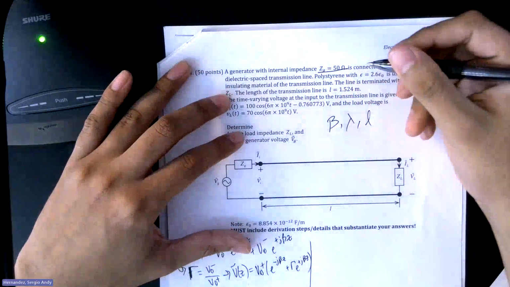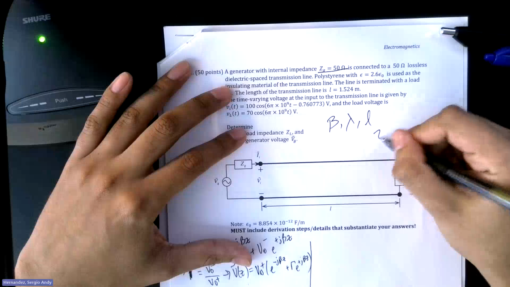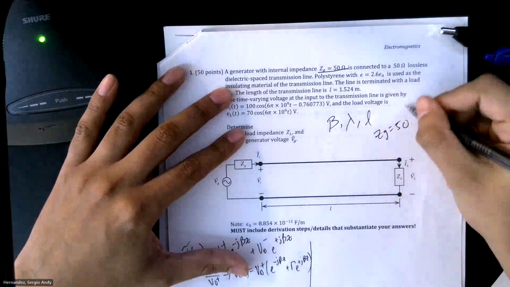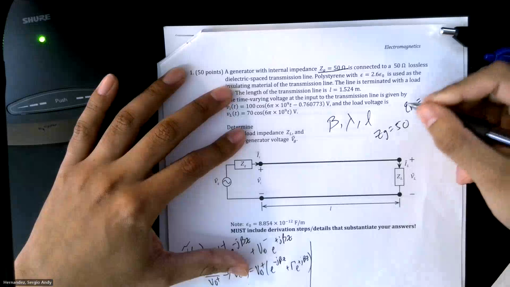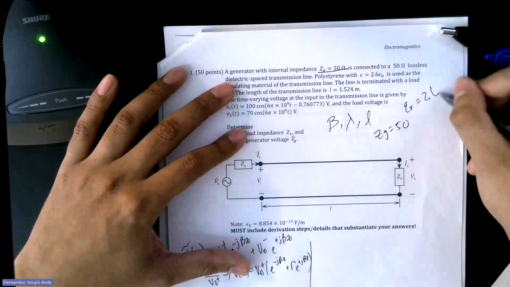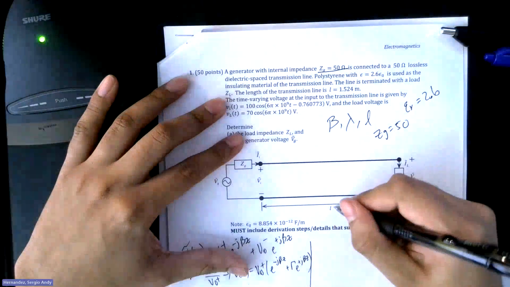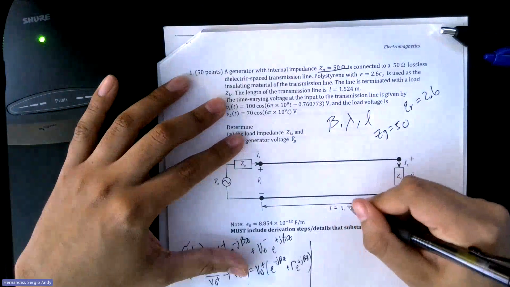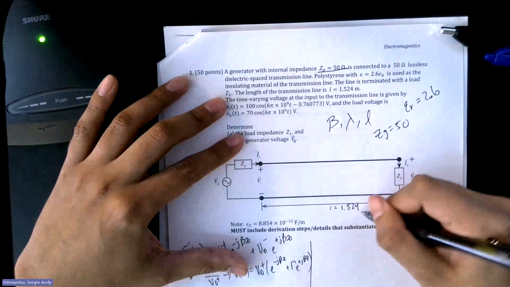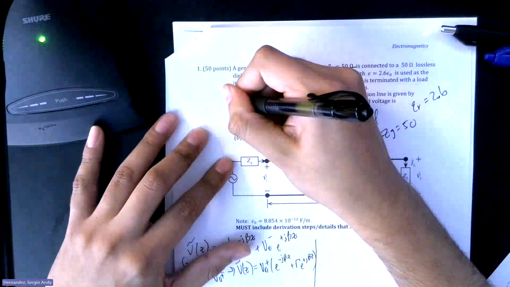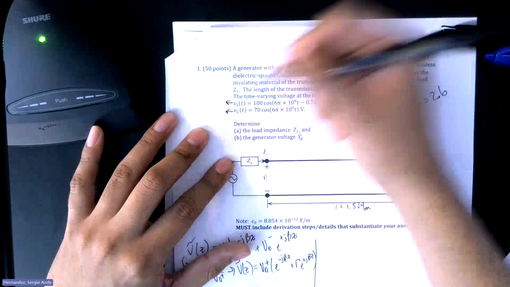So you get Zg equals 50, epsilon r is 2.6, length of the transmission line, which is equal to 1.24 meters, and then Vi, you want to convert this to phasor right away.